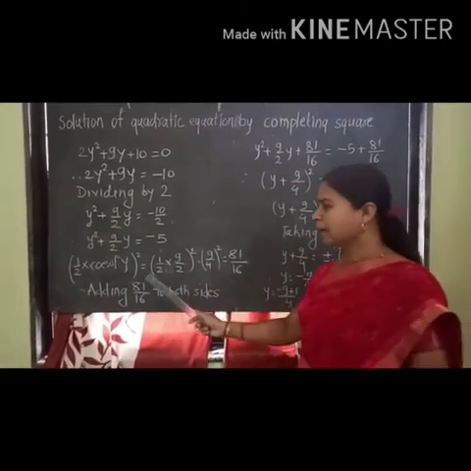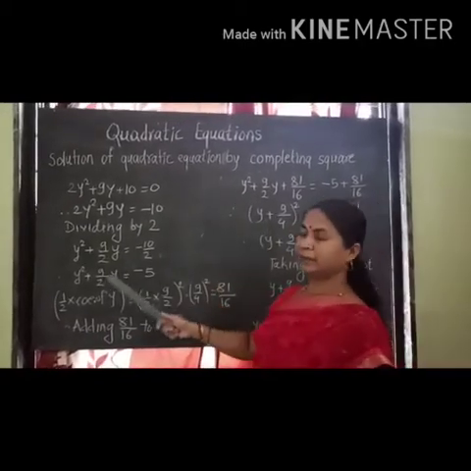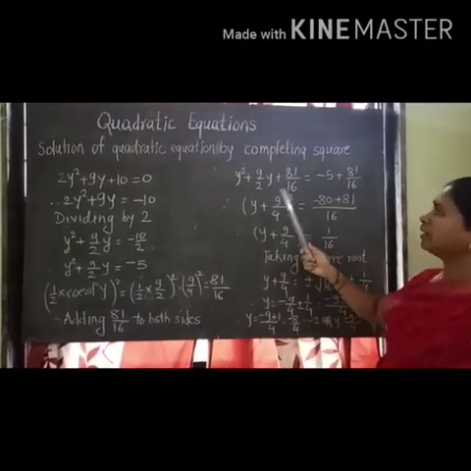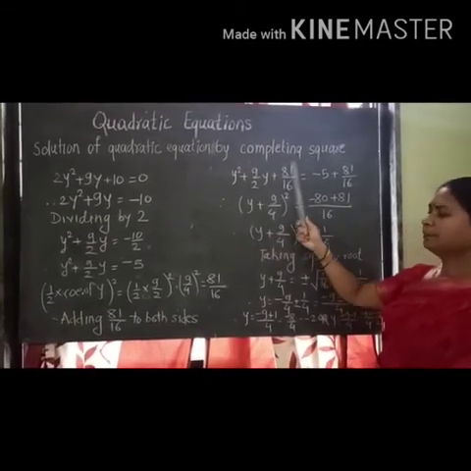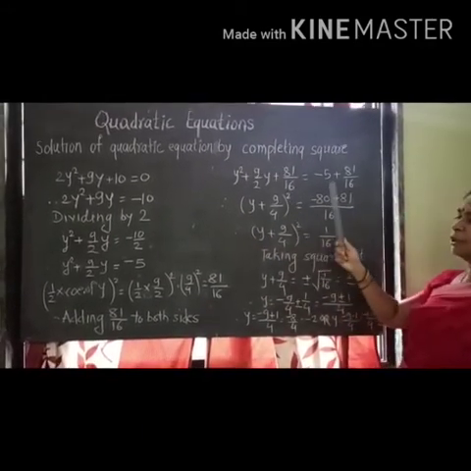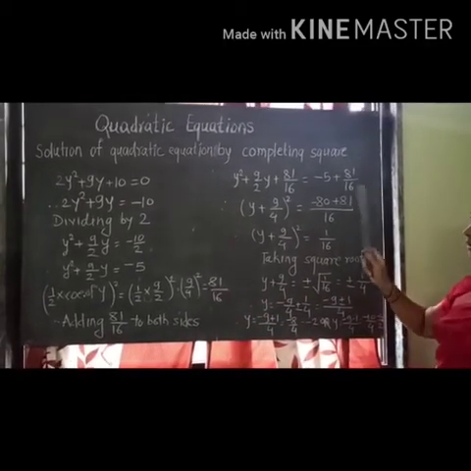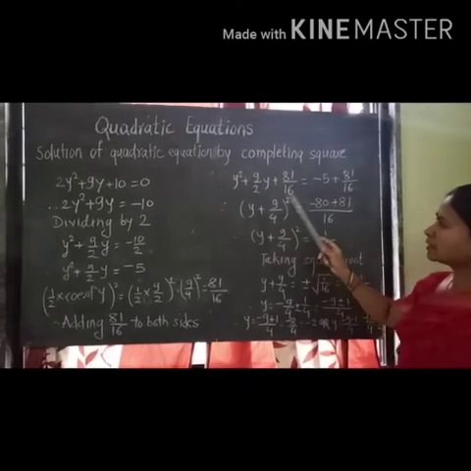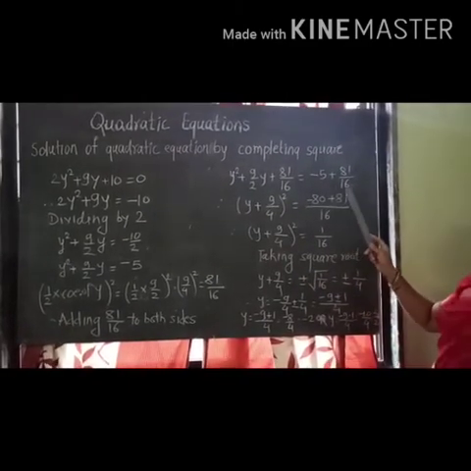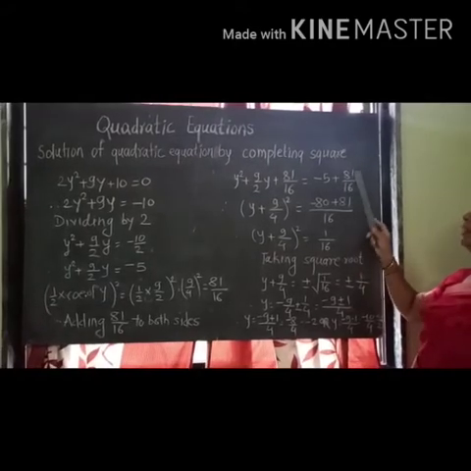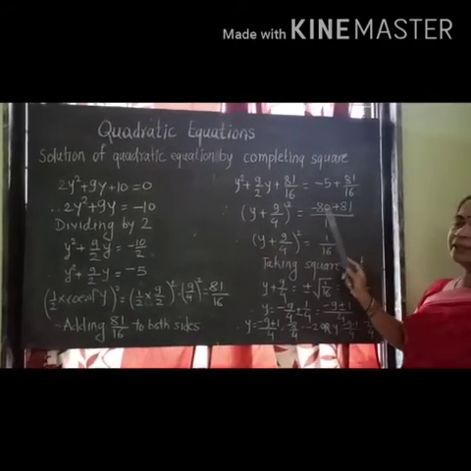So, adding 81 by 16 to both the sides, we get the left hand side as a complete square. y square plus 9 by 2 y plus 81 by 16 is equal to minus 5 plus 81 by 16. The left hand side is the square of y plus 9 by 4. And the right hand side is minus 80 plus 81 divided by 16, that is 1 upon 16.